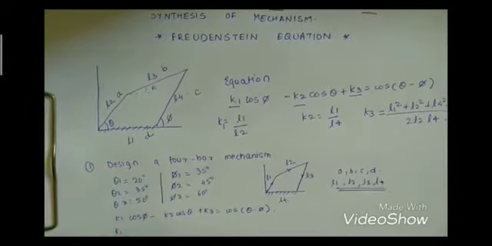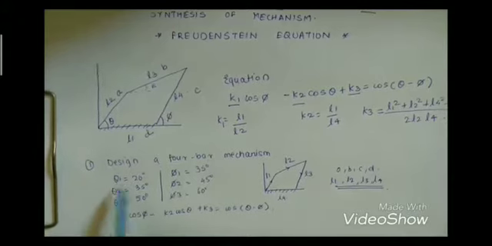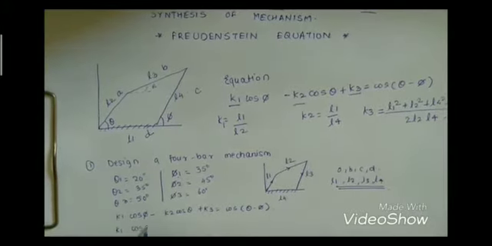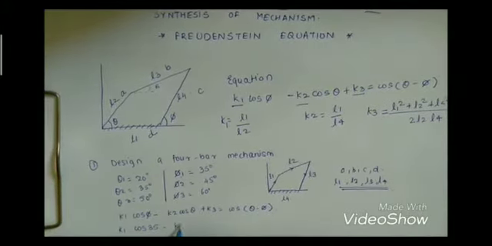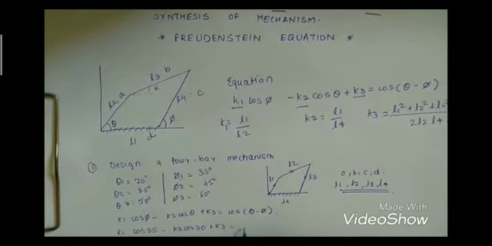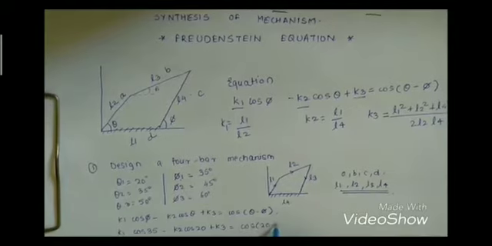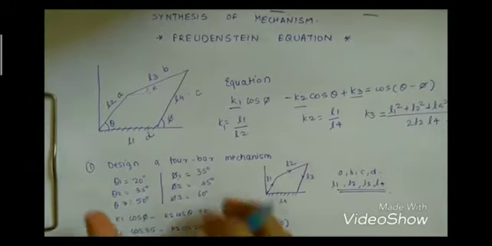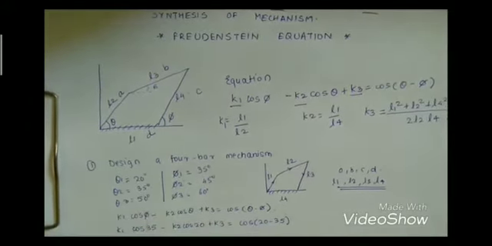So put down the equation, taking the first equation theta 1 and phi 1: k1 cos 35 minus k2 cos 20 plus k3 is equal to cos (20 minus 35). We are taking the initial values of theta 1 and phi 1.